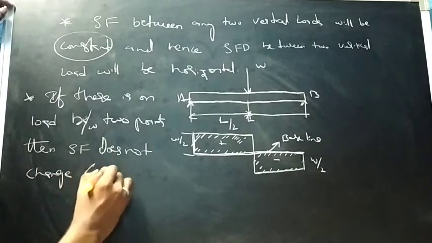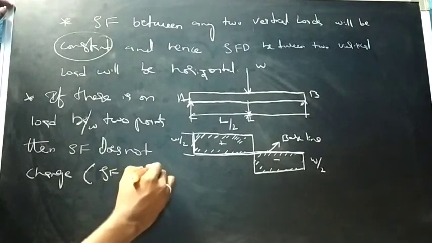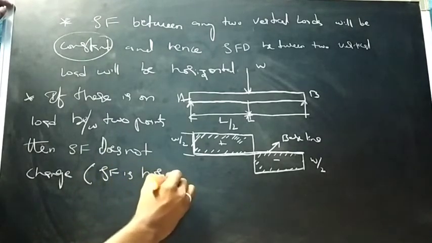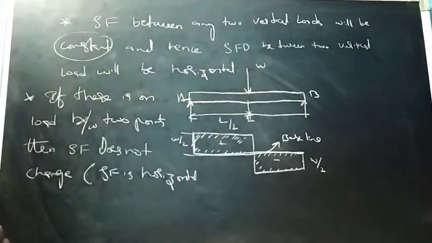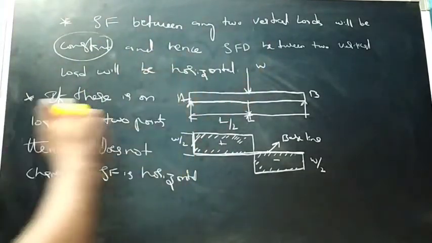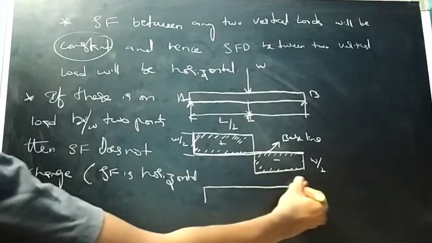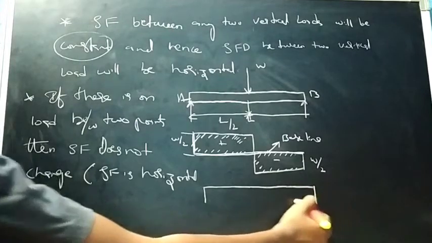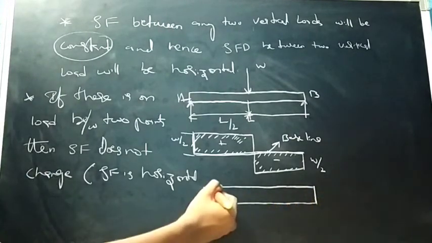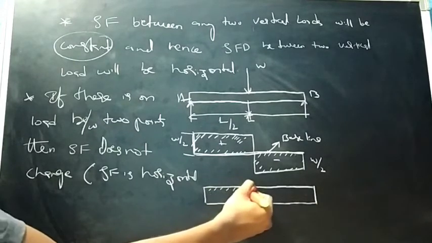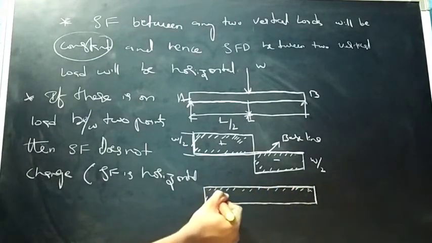So what is the diagram then? Shear force is horizontal. So if you remove this load, we can see a horizontal diagram. So this will be the shear force diagram if there is no load between 2 points.